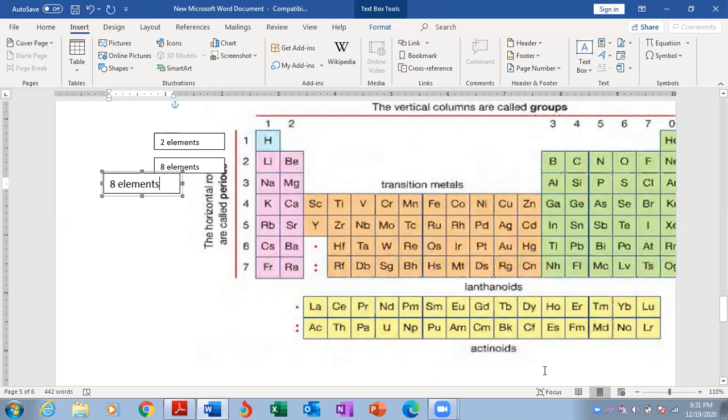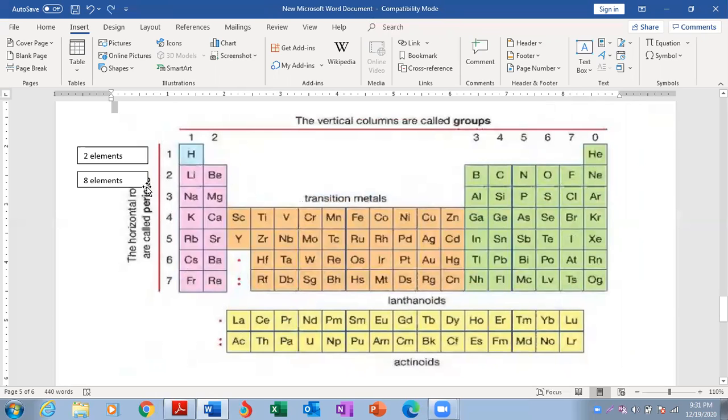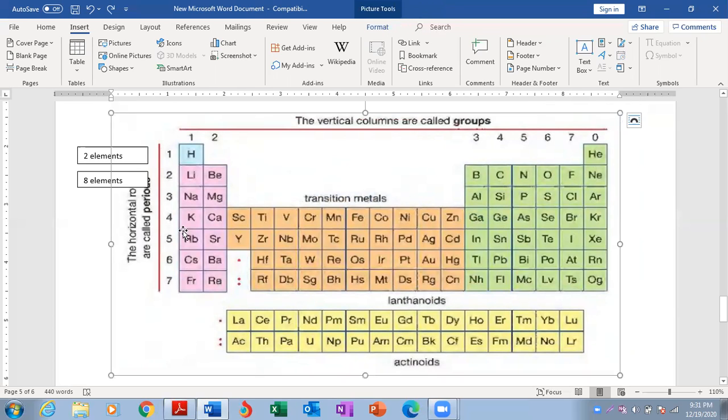Now I'm not writing here, but I will just talk to you, and you will tell me how many elements are there. Very good. Now the fourth one. Now tell me the fourth period, which starts from potassium.